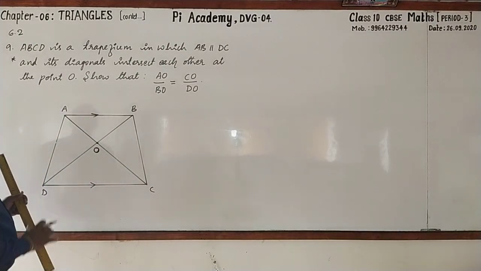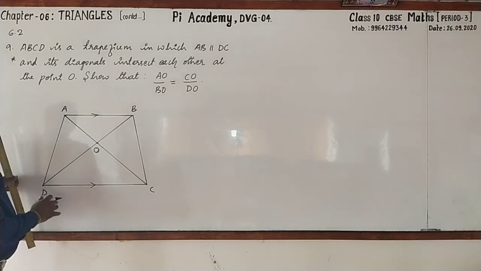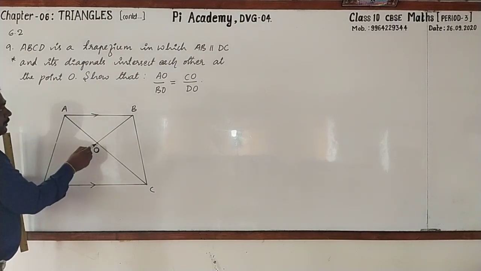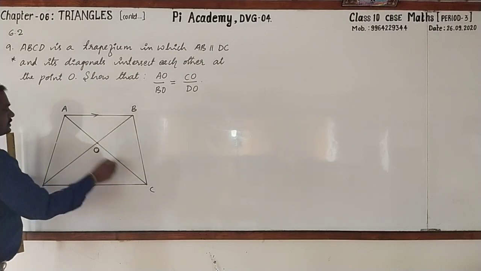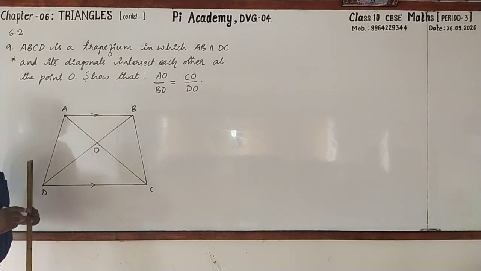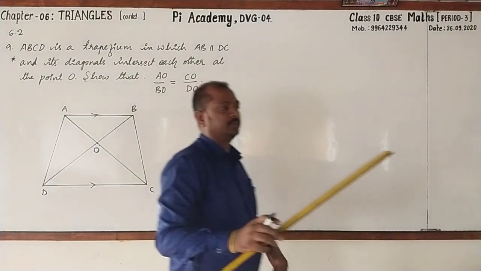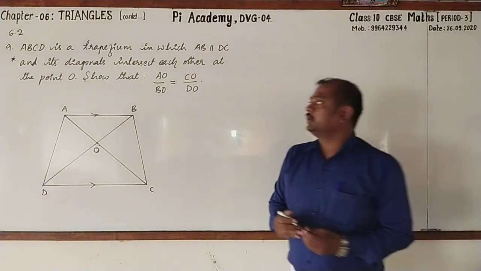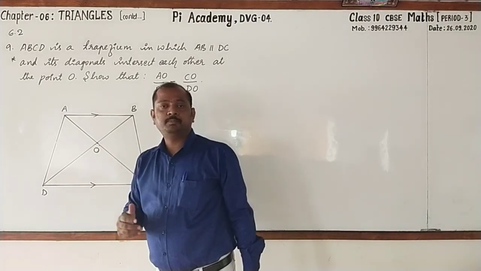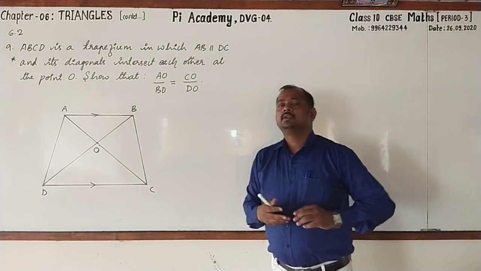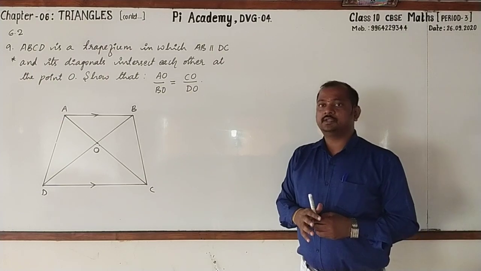Next, if it is so, we have to prove that AO by BO is equal to CO by DO. How to prove this one? Yes, it can be proved in two different methods. One is by using BPT and another one, next we will come across, is similarity criterion.